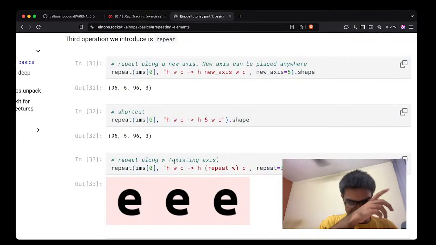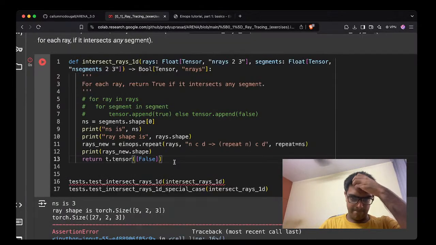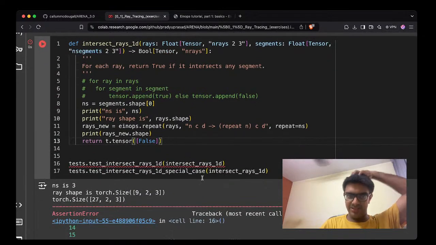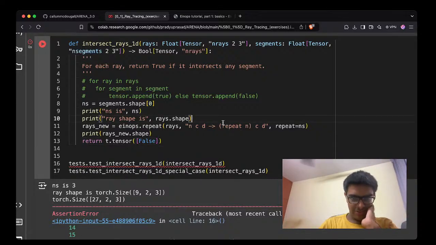I want to have this. So we want it to be 9323. Maybe I should be doing not this.